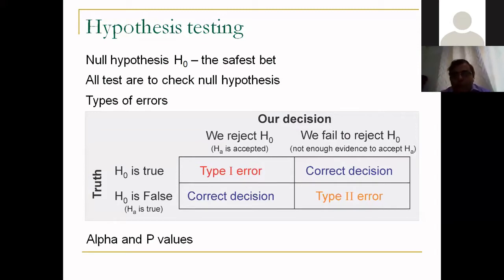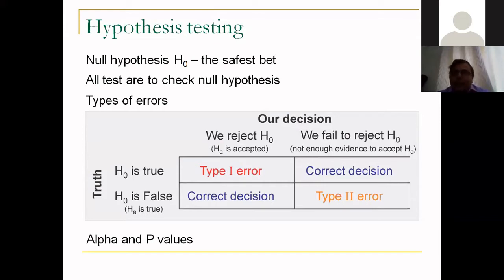Now the problem is we don't know what is the real truth. Truth could be that the null hypothesis is true, or the null hypothesis is false. But we have to take a decision based on whatever data we have. Let us suppose that the null hypothesis is true. In our case we set a hypothesis that two organisms belong to the same species.